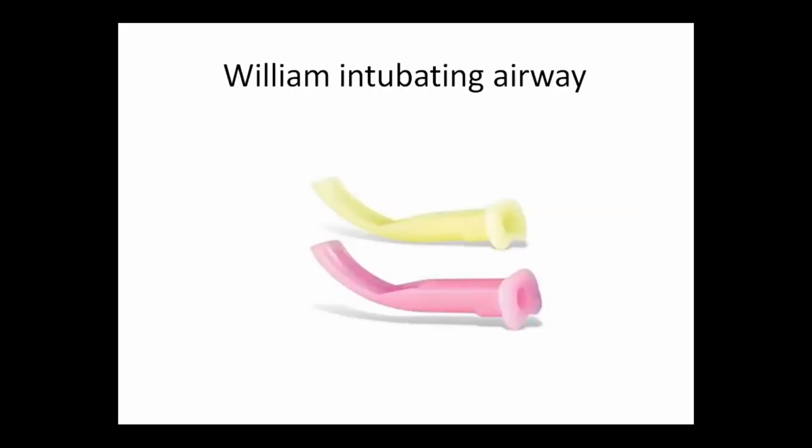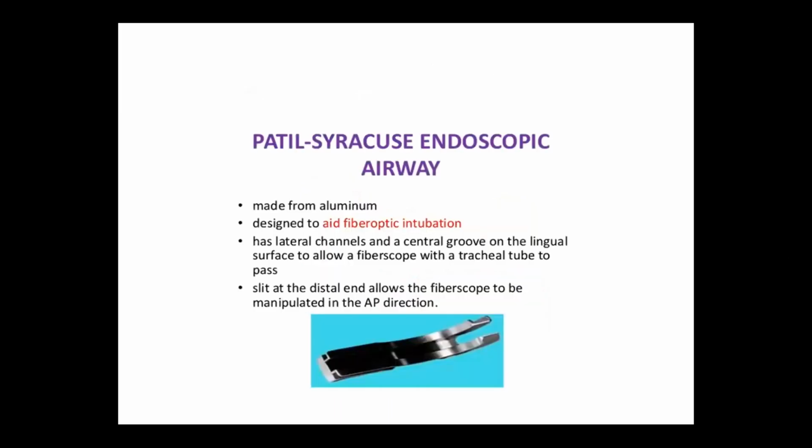Another intubating airway seen in the market is the Williams intubating airway, and it is also used for blind orotracheal intubation. Only the distal part is open. The rest is like the normal oral airway. Next is the Patil Syracuse endoscopic airway.